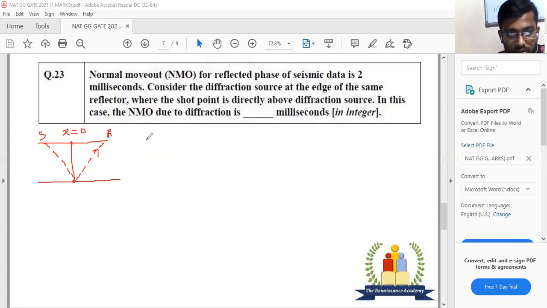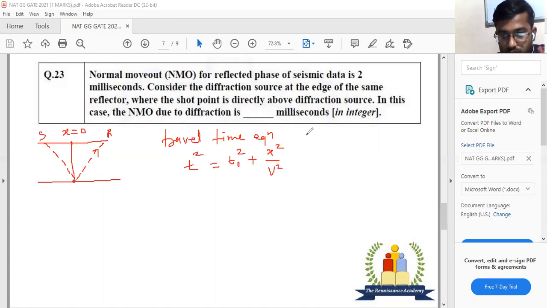Now in the travel time equation, we have T square is equal to T naught square plus X square divided by V square. Okay, so here T is your travel time.